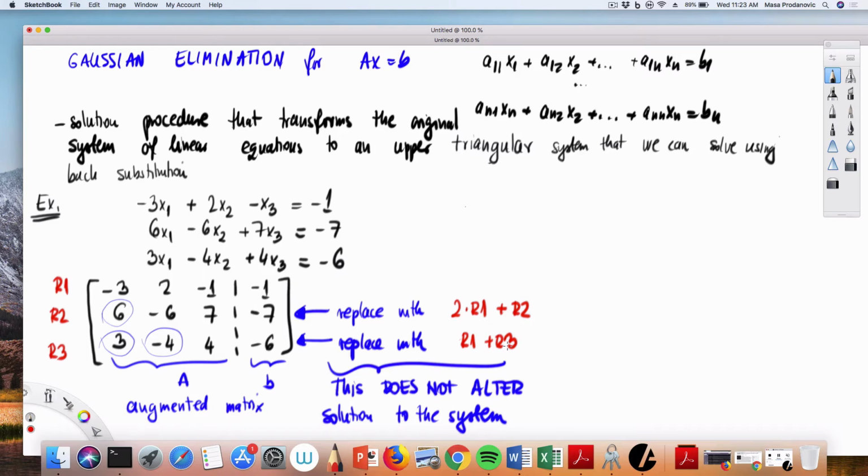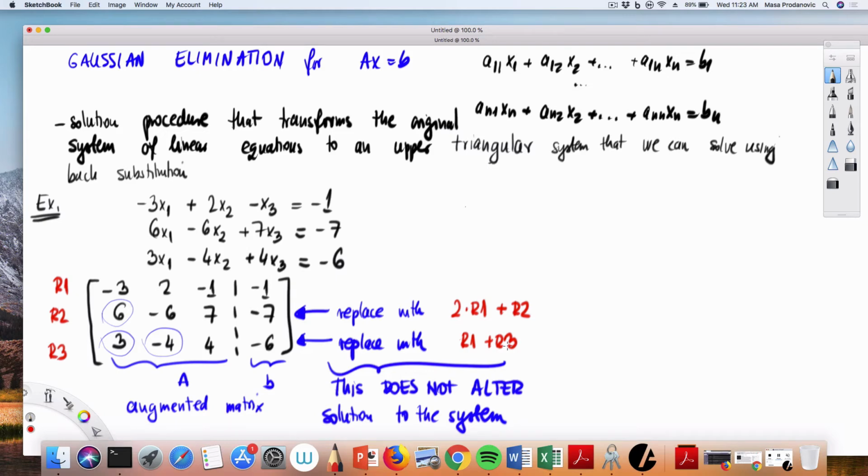All right. Now, when you say this does not alter the solution to the system, what do you mean? So if I have x1, x2, x3 that are solving any of these equations, or rather all of them at the same time, so in particular, if I have x1, x2, x3 such that the first row is true, minus 3x1 plus 2x2 minus x3 is equal to minus 1. If I multiply that entire thing by a number and add it to another row, that is also true.